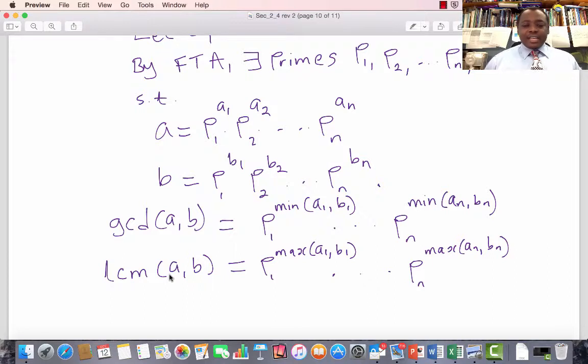While on the other hand, the LCM of a and b is defined as p1 raised to the maximum between a1 and b1 times p2 raised to the maximum between a2 and b2 times pn raised to the maximum between an and bn. Let me give you a quick example so that this concept can sink in quickly.